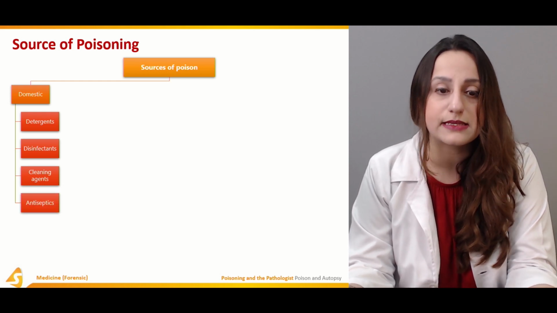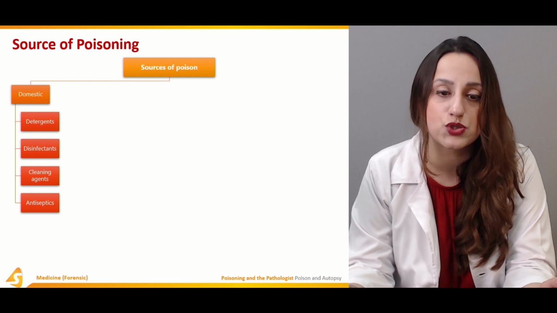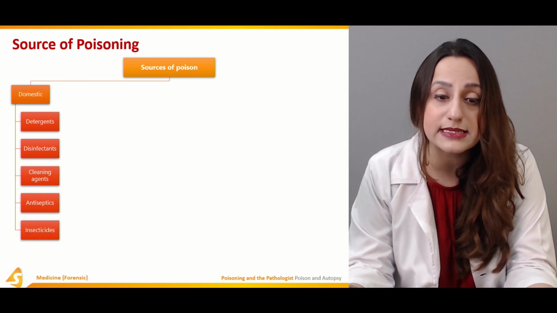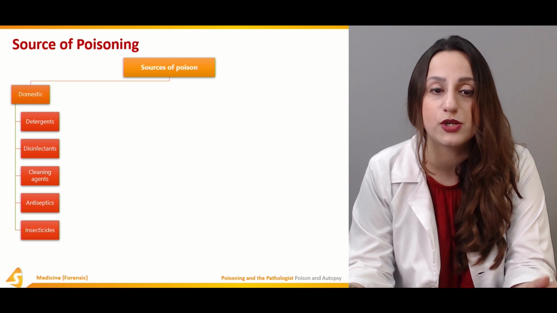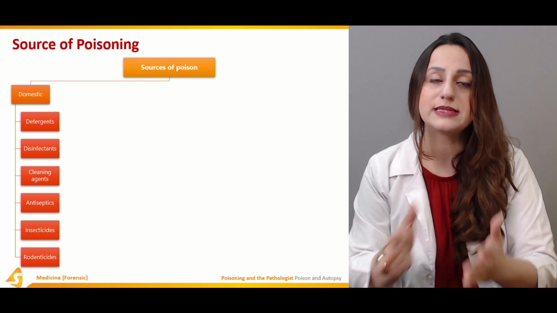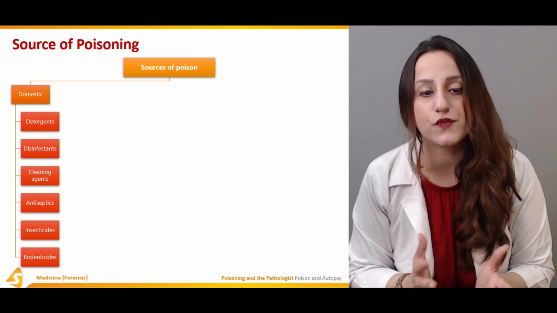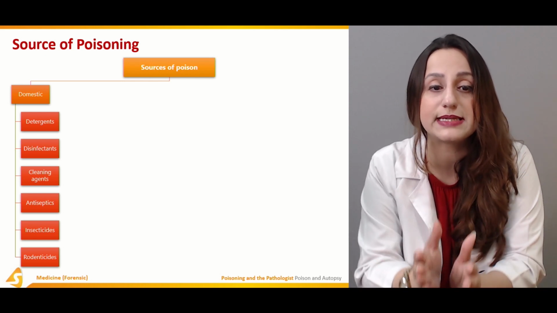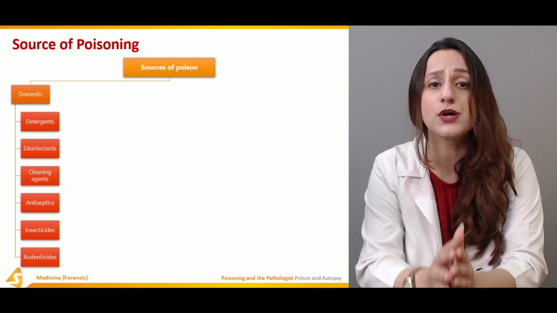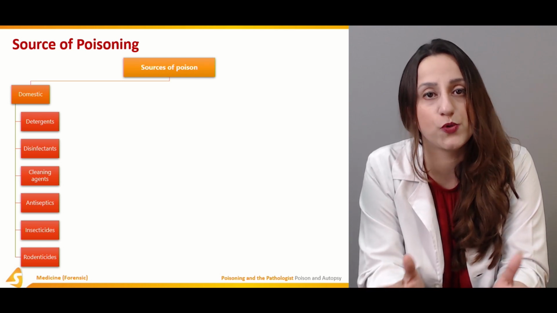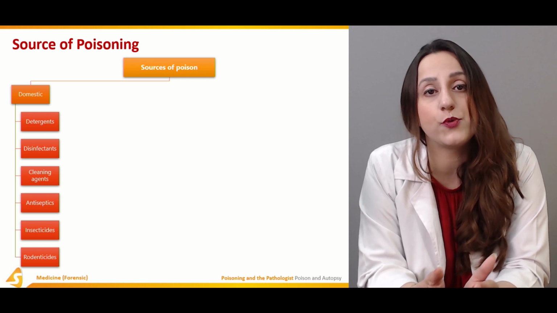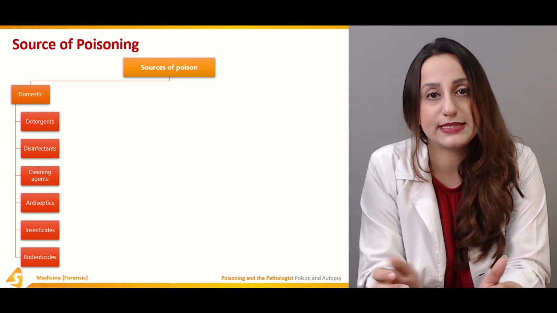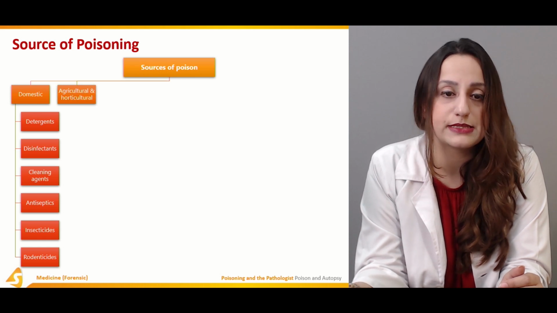Antiseptics are again domestic sources. Insecticides and rodenticides are also used at household level, so both can be included here because they're readily available at our homes. Even children are at risk of accidental poisoning from these domestic poisons.